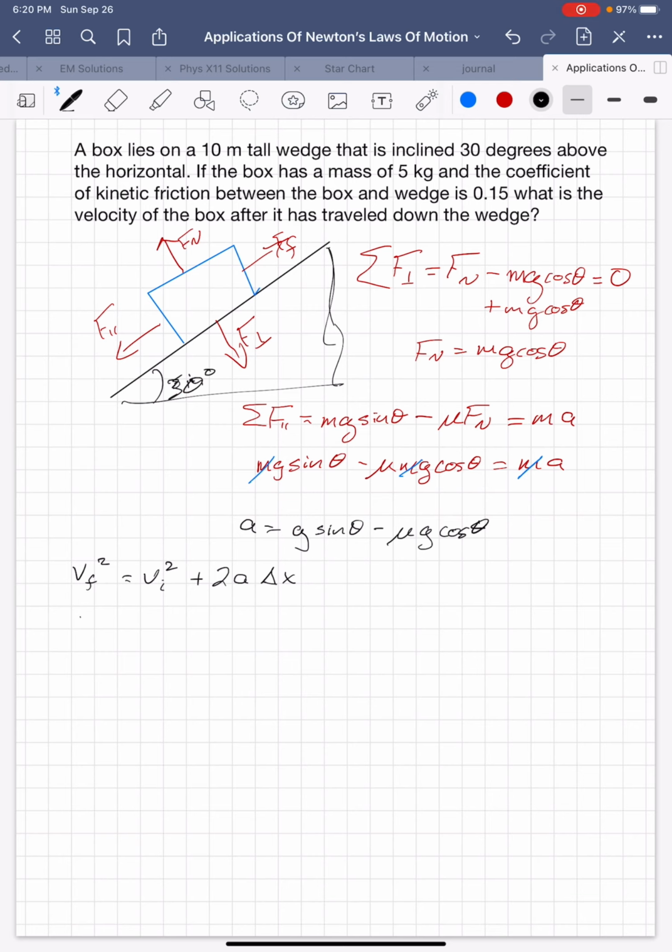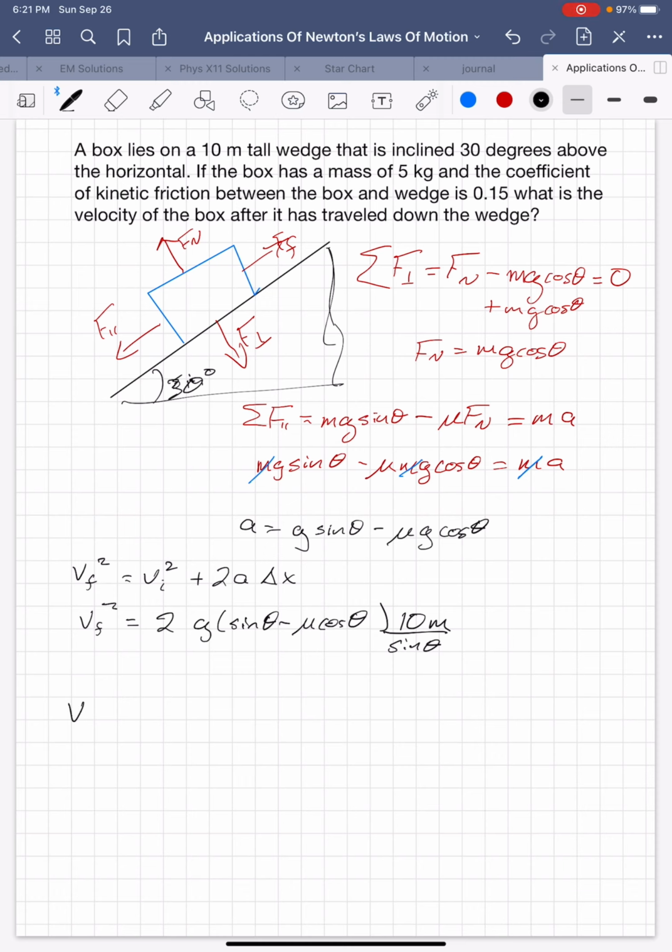So that tells me that the final velocity squared is equal to 2 times g sine theta minus mu g cosine theta times delta x, which is 10 meters divided by the sine of theta.